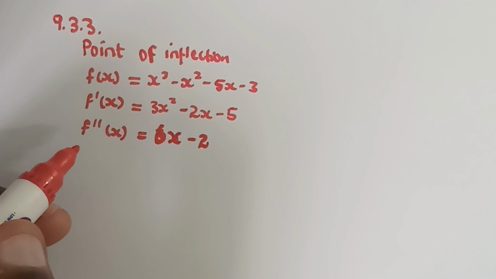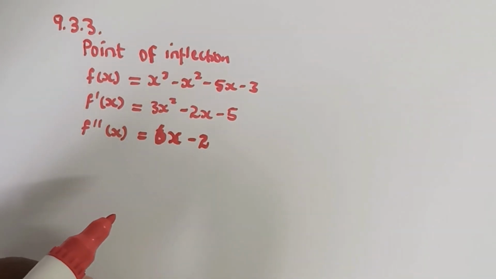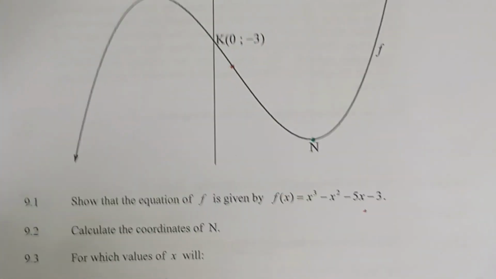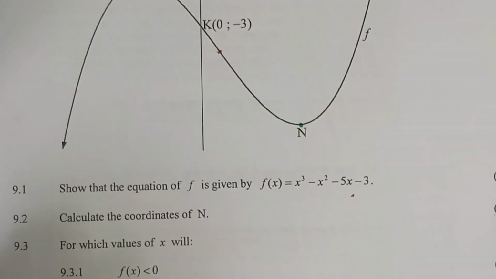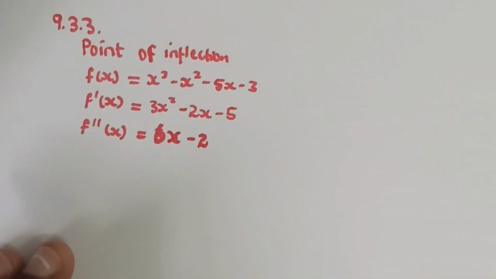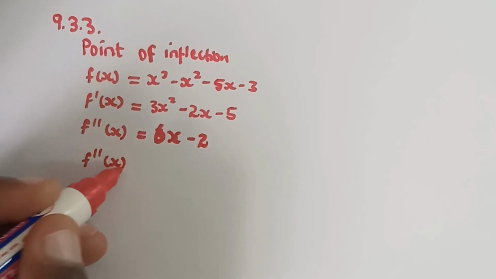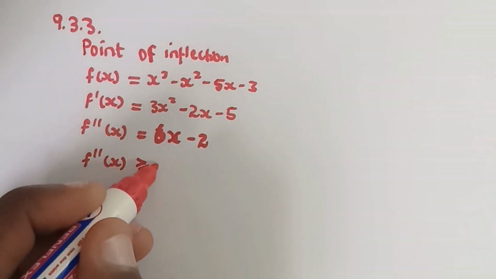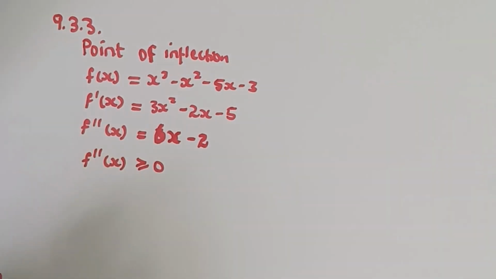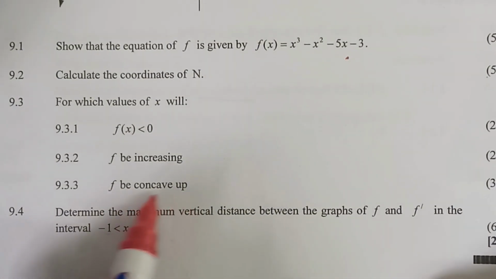Now to find the concavity, if it says concave up, we should say that the second derivative should be greater than or equal to 0. So this is concave up here.